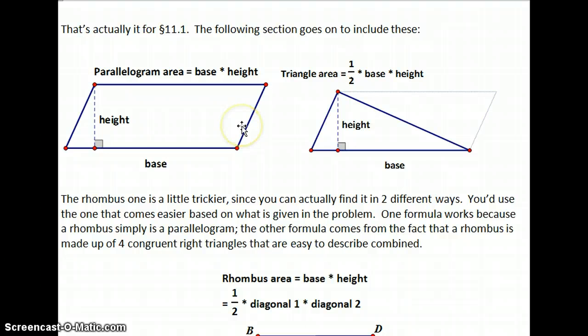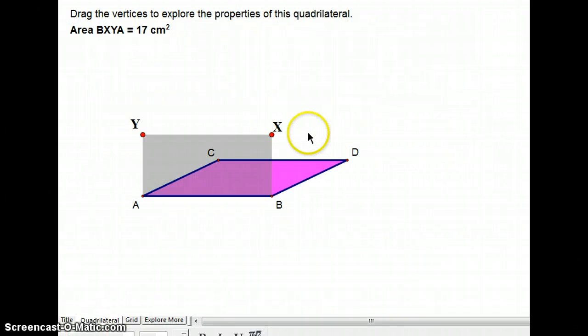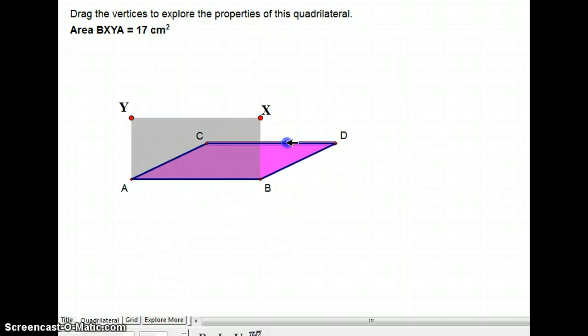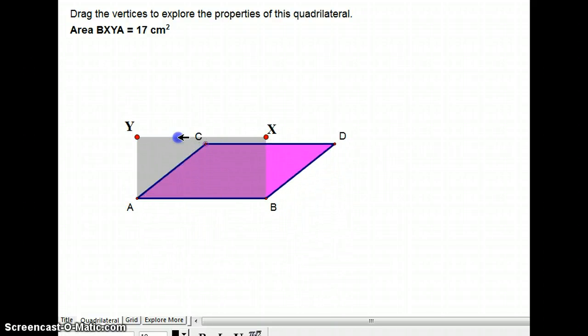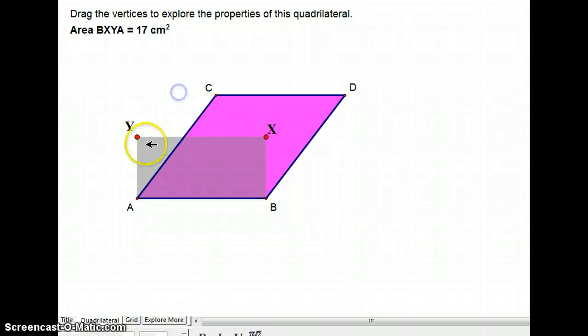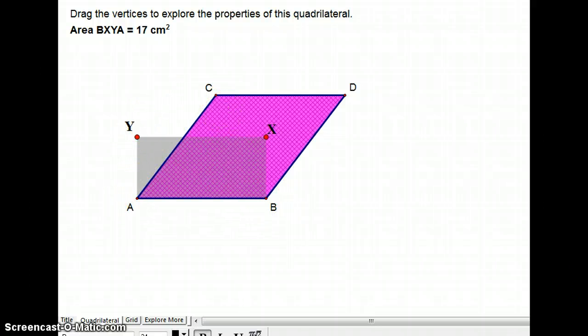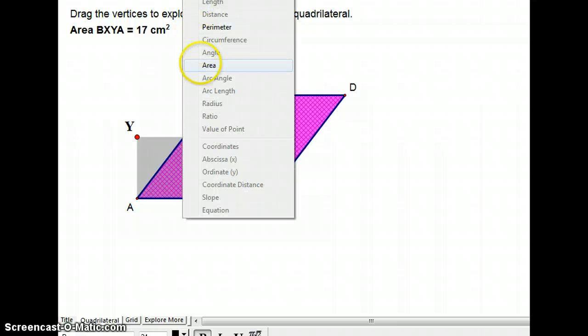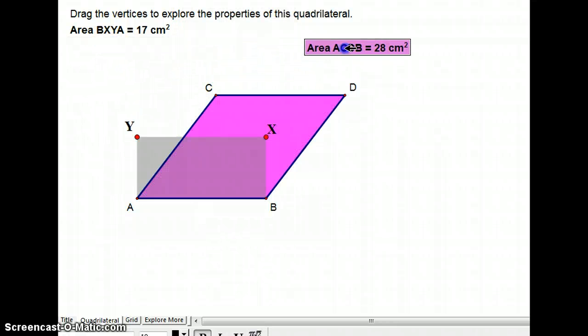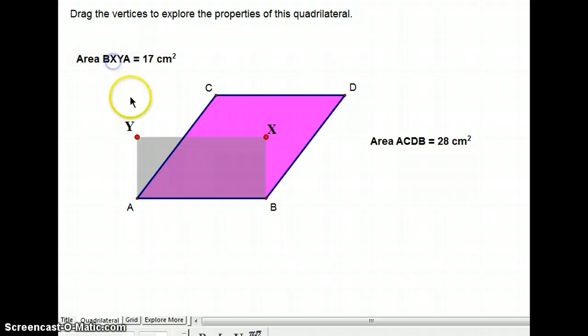Area of a parallelogram. This is kind of cool, actually, and we're going to do this in Sketchpad in class. This little thing I just made here is kind of like what you're going to do in Sketchpad in class. I just made this little rectangle ABXY, and I'm going to compare it to the area of ACDB, that's the purple one, this is the gray one.